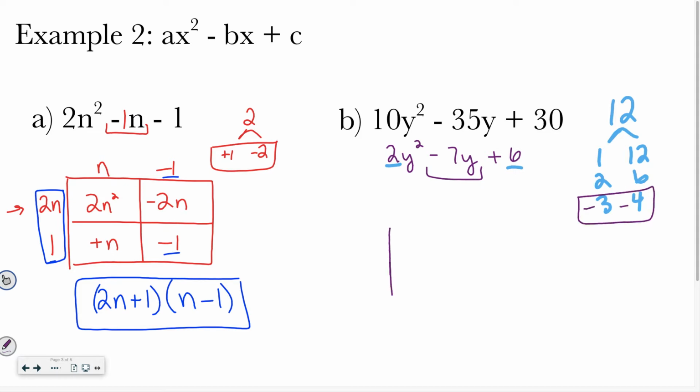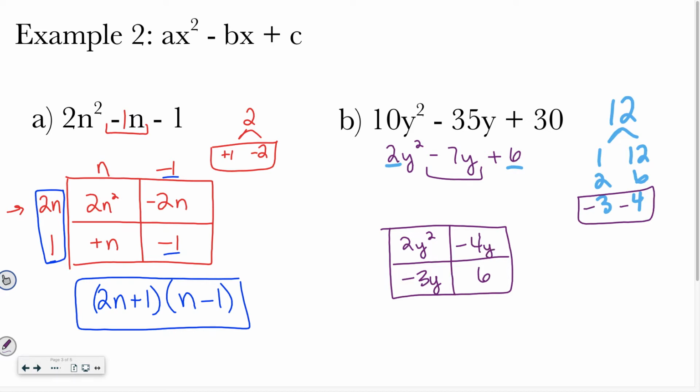So if I draw my box, I have a 2y squared, I have a 6, and then I have negative 3y, and I have a negative 4y. If I look vertically, these two boxes have a y in common. I'd be left with 2y here, negative 3 here.